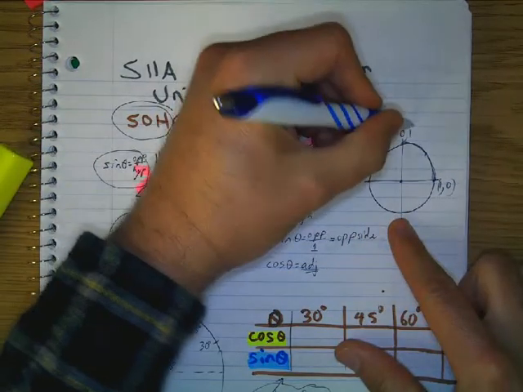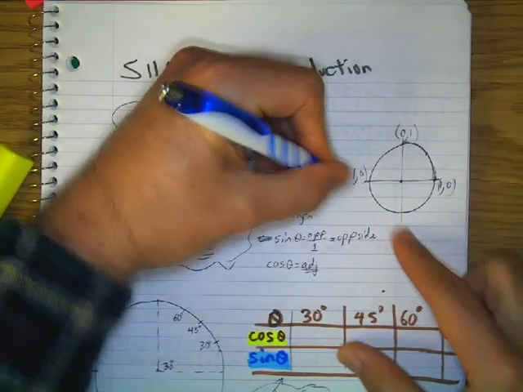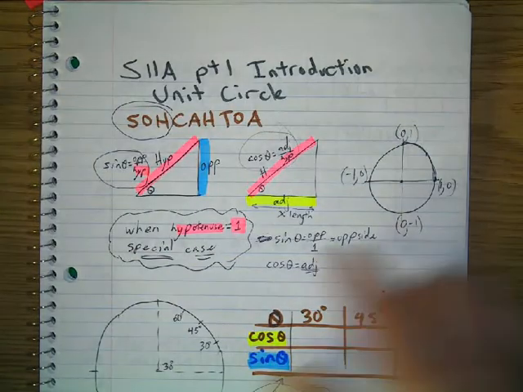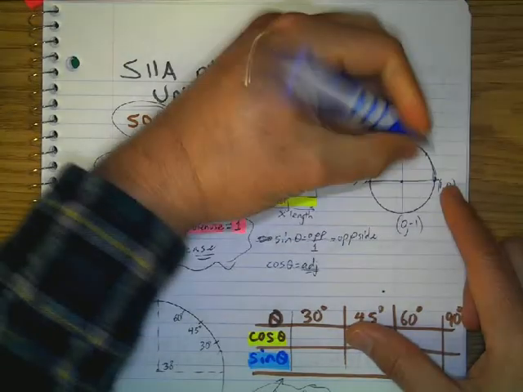We've got (-1, 0), (0, -1), and so on. I've got some arbitrary point right here.